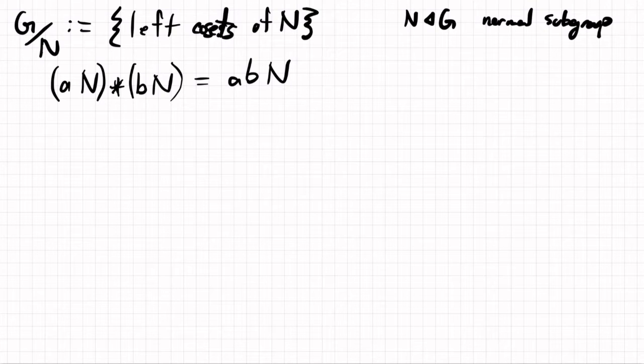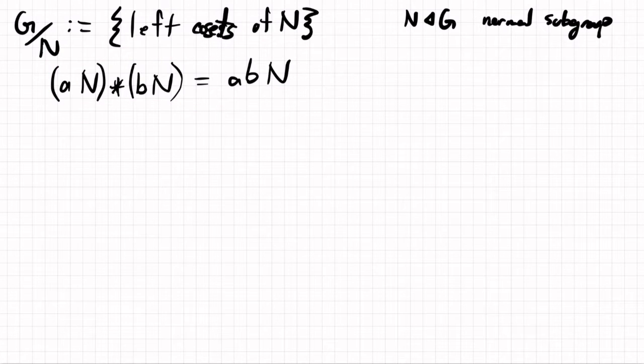I guess I'm using star for the law of composition here. I don't need to if I don't want to, but I want to, just to make that clear. But so the point is that we have the law of composition.